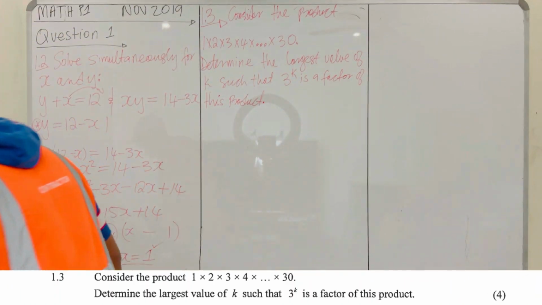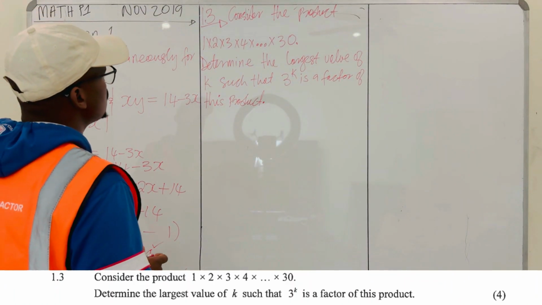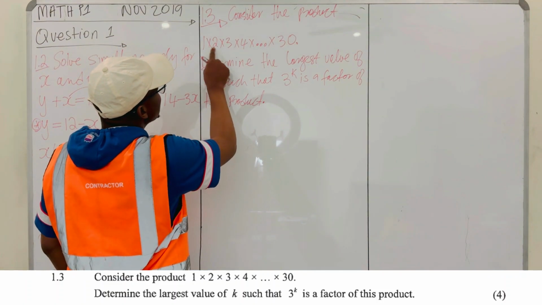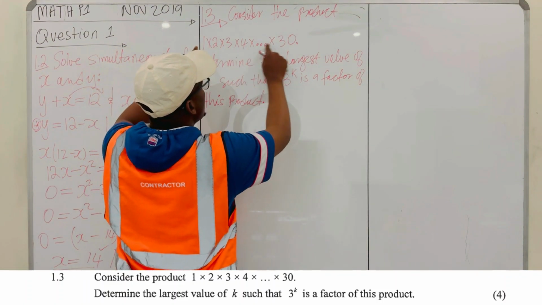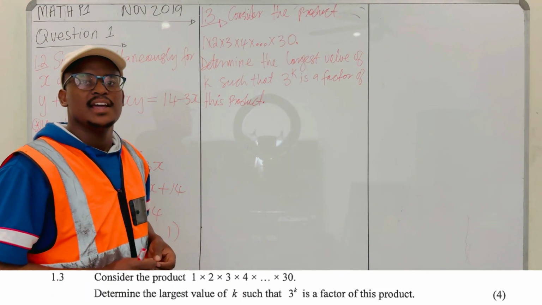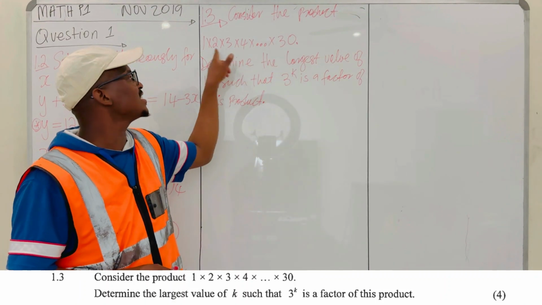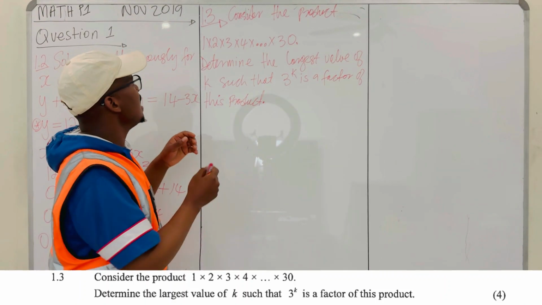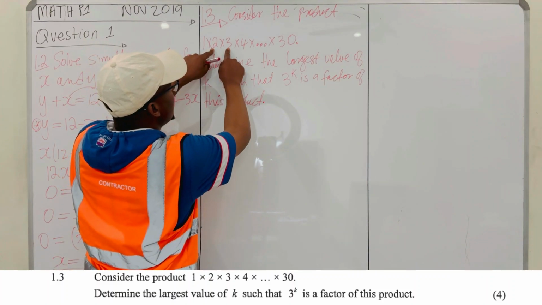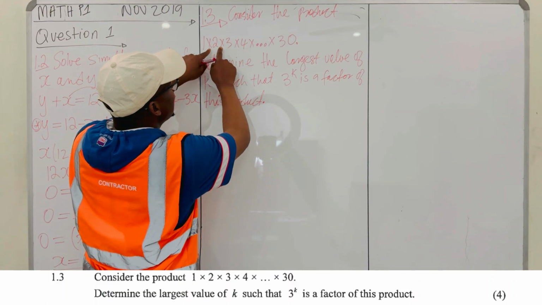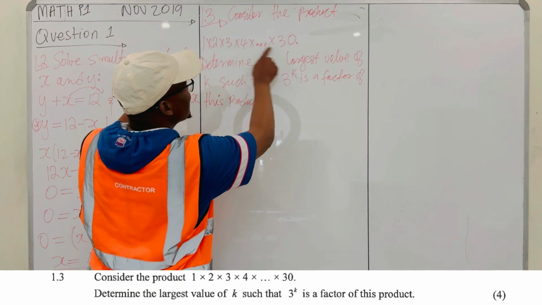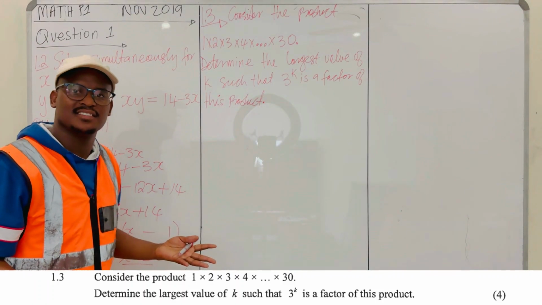Okay, so here's what you need to know. When you multiply any two numbers, for example here, all of these numbers up to 30, they will be a factor of the answer. Because if I'm multiplying 2 and 2, and then I divide the entire thing by these 2 and 2, they will cancel themselves.